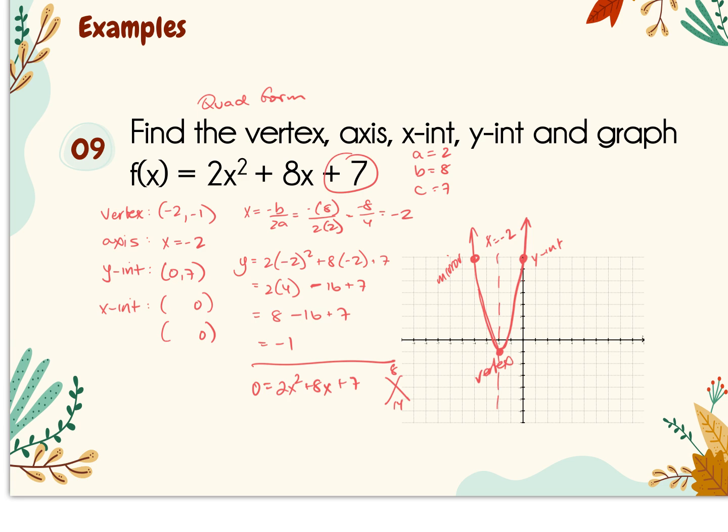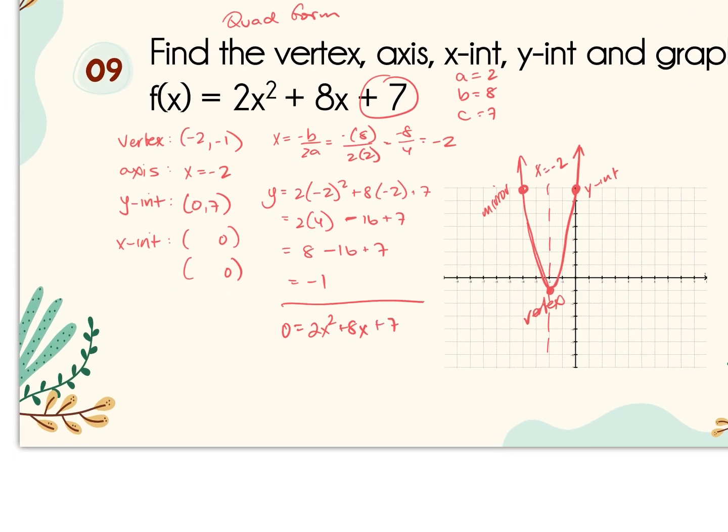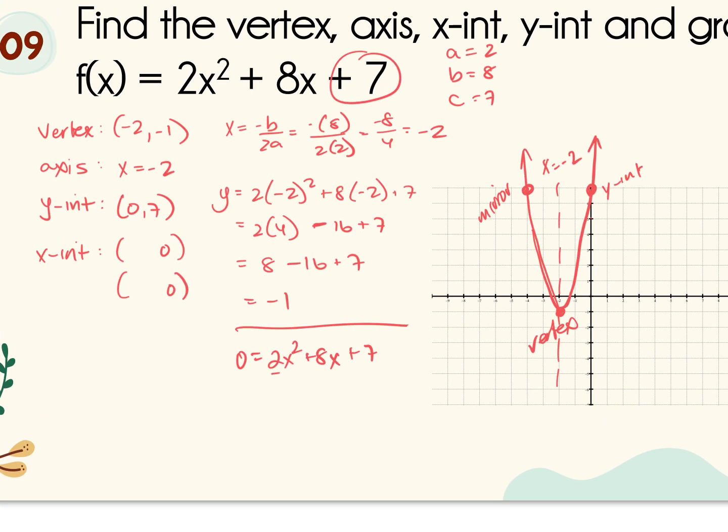So once again here, I need to decide, do I want to do completing the square or do I want to do the quadratic formula? Since a in this problem is 2, I would probably avoid completing the square and I would probably do the quadratic formula. So I know that x is going to equal the opposite of b plus or minus the square root of b squared minus 4 times a times c, the whole thing over 2a.